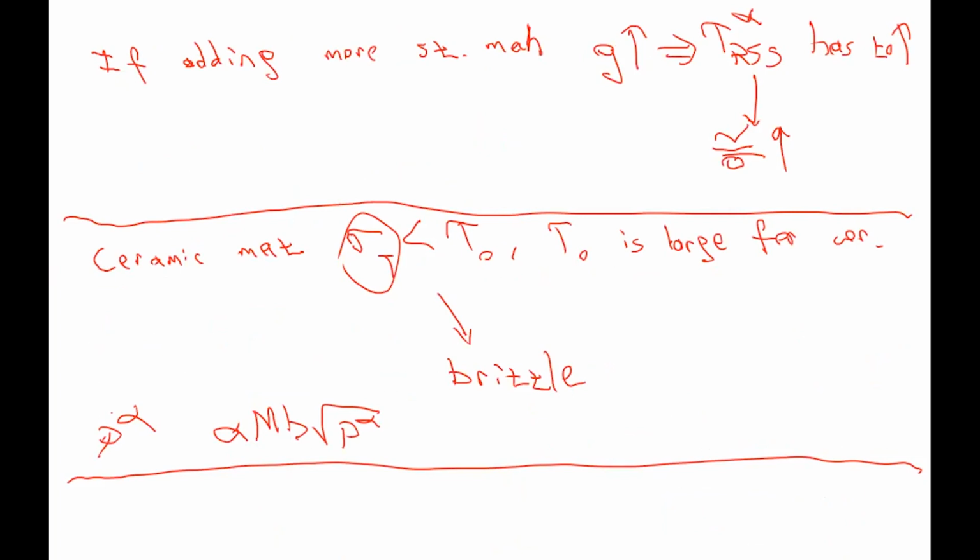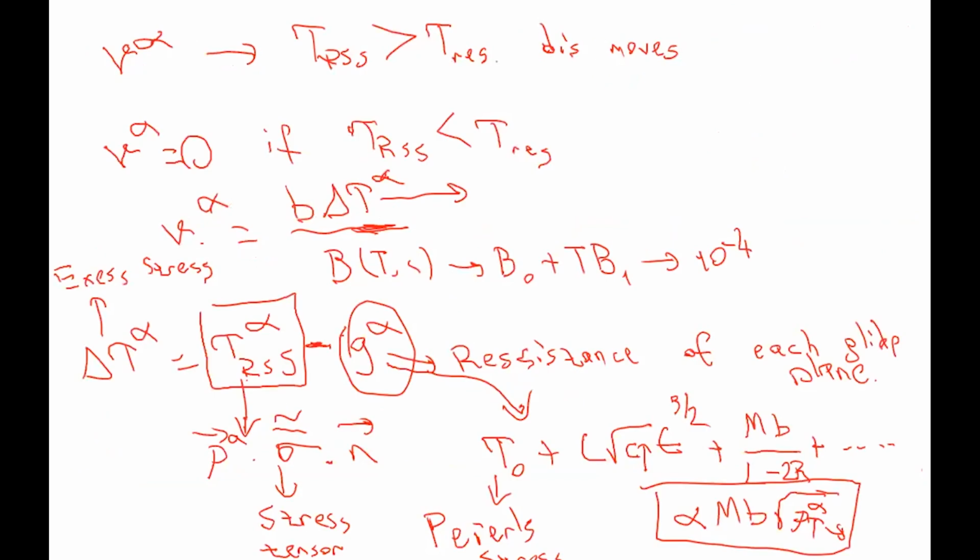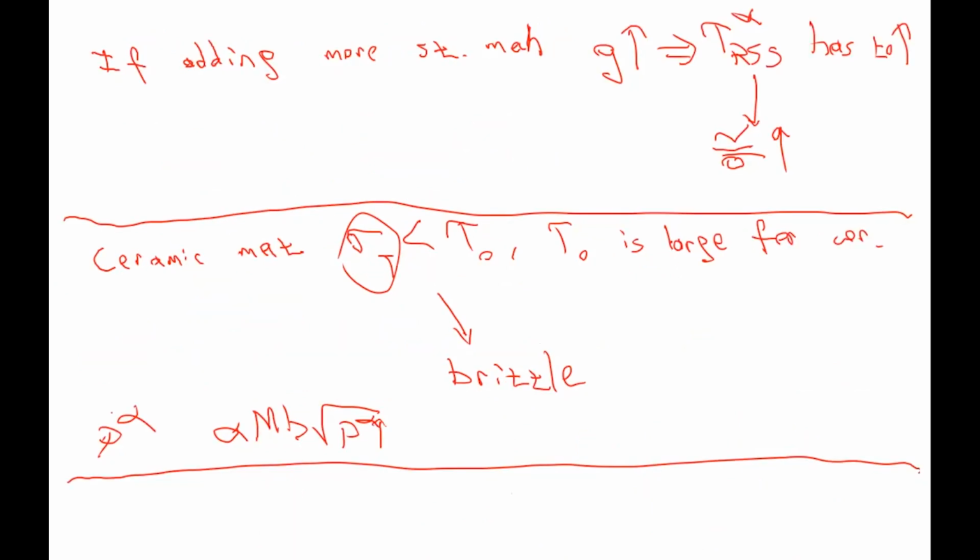And once we increase dislocation density, we are actually making this resistance greater, right? Then we are basically increasing the strength of a material.